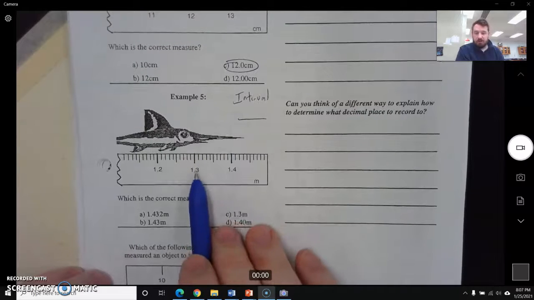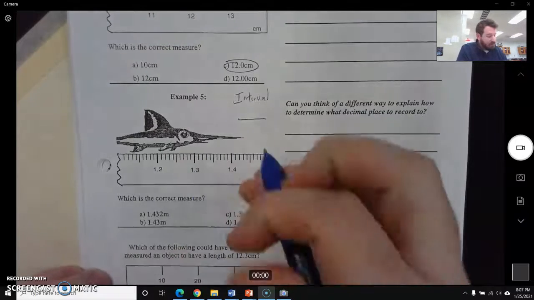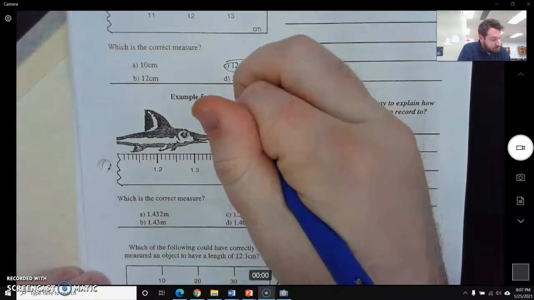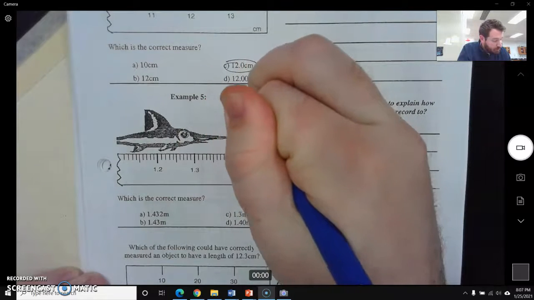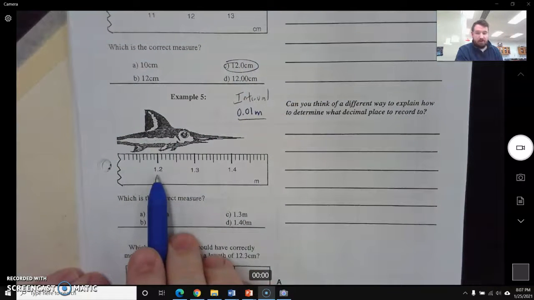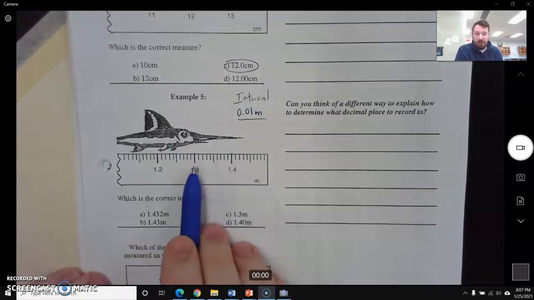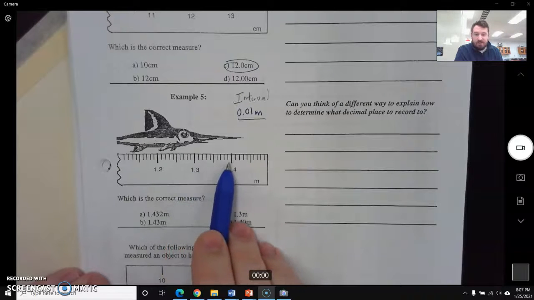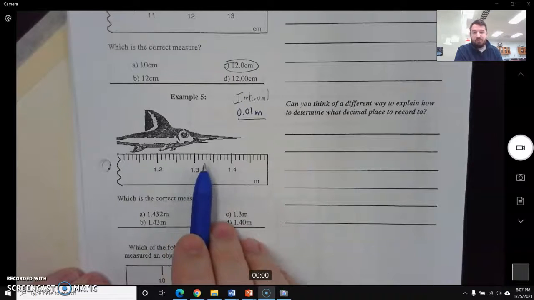Example number 5. So our interval is going up by the hundredths place, so 0.01 meters. If we're counting up by 0.1 at our large markings, and we have 10 markings in between, then we must be counting up by 0.01.